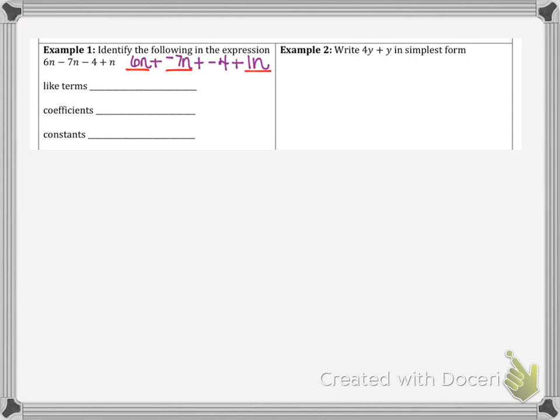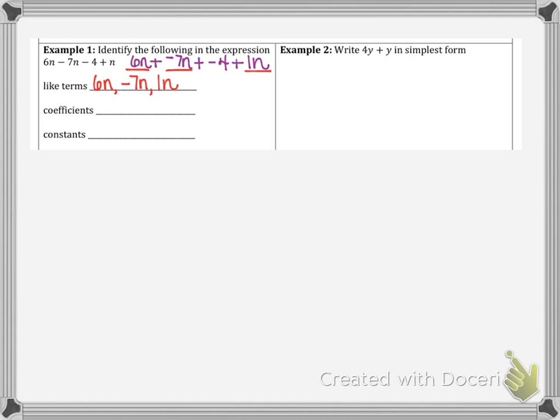So that goes on the line. We've got 6n, negative 7n, and 1n are all like terms because they have the same variable, n, to the same power. There's really little exponents of 1s on these, but we don't write them when it's 1.